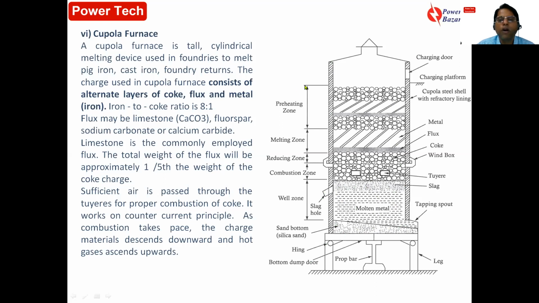In this case, what are the zones? One is the preheating zone, another is the melting zone, another is the reducing zone, the combustion zone, and another is the oil zone. What happens exactly in the combustion zone?